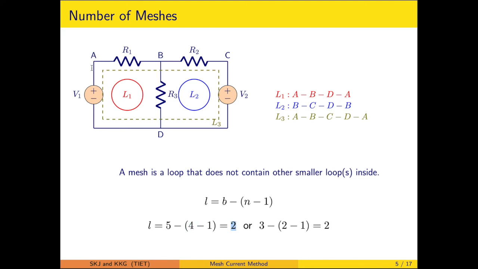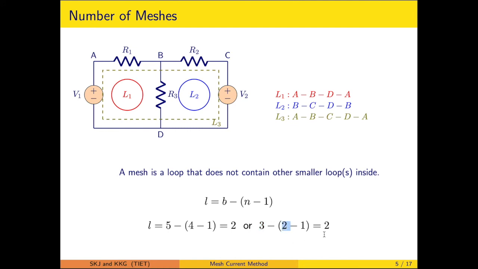However, if we look at an interconnection like this, where elements are connected in series, the current is common. This is another arrangement where the current is common. So for series connected elements, we can consider them as one branch. That reduces the number of branches to 3. Consequently, the number of nodes is also reduced to 2.